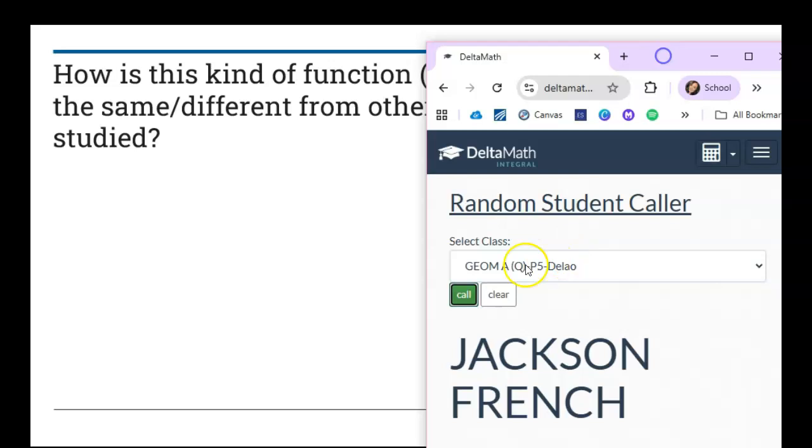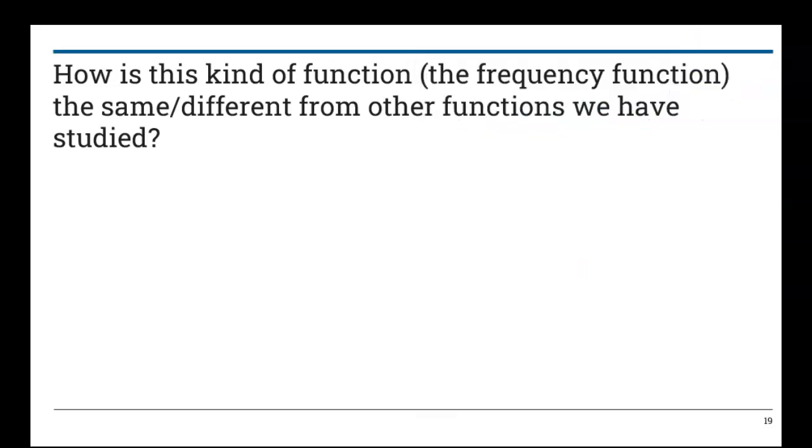The same thing? Okay, let's try somebody else. Evelyn. How is it different? I'll give you a hint. Did we write an equation? No equations, okay? All right, good job.